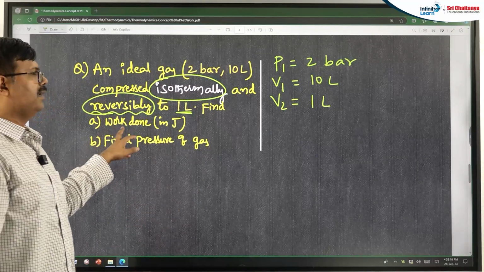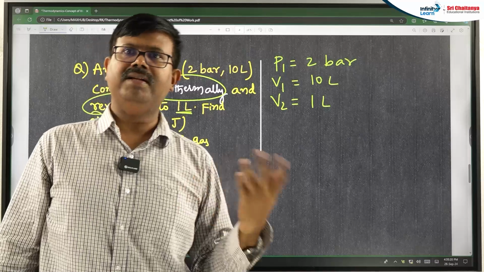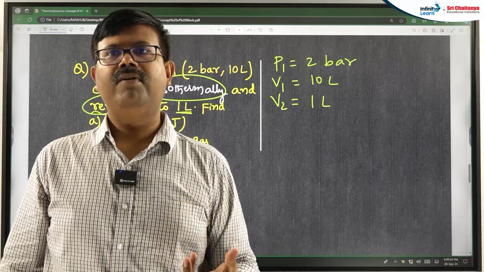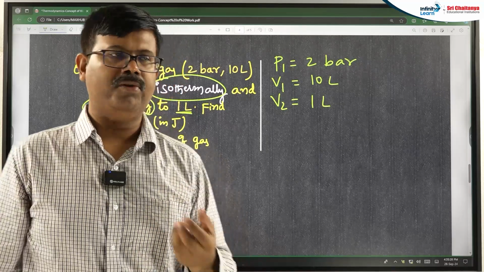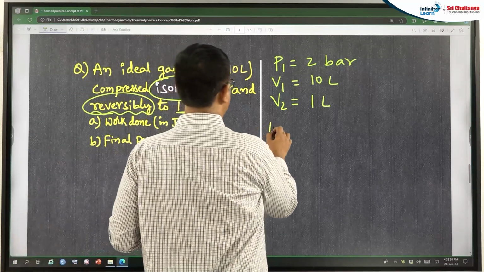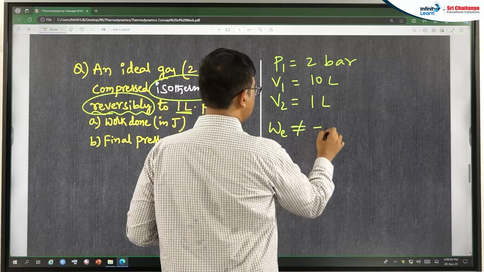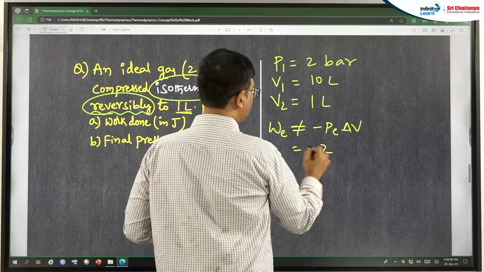Find work done. Work done means work done by, nothing is mentioned here, on the system or by the system. If nothing is mentioned, by default we calculate work done by the external forces on the system only. We should not use minus P external delta V here. Remember, it is reversible. So what is the formula?